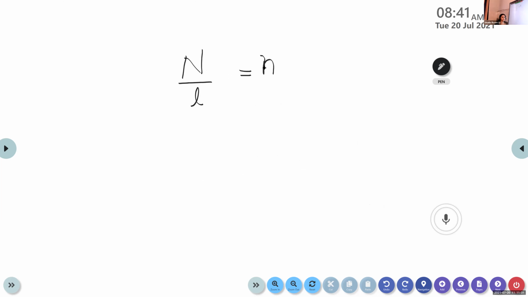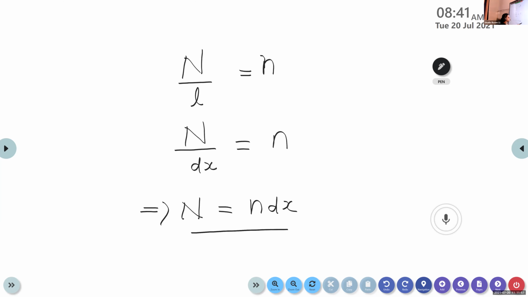So my next question: do we consider the entire length of the solenoid here? No. Instead, we consider only a small length dx. So here we can write N divided by dx. N by dx is equal to small n, which implies N is equal to small n into dx. Is this step clear to you?